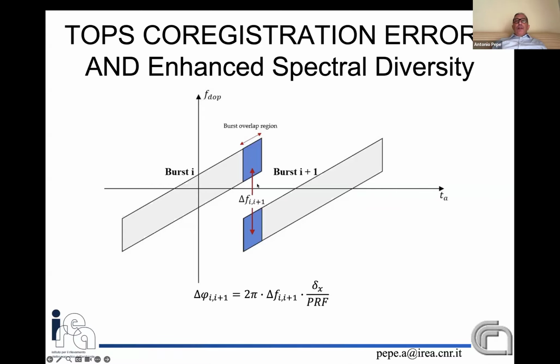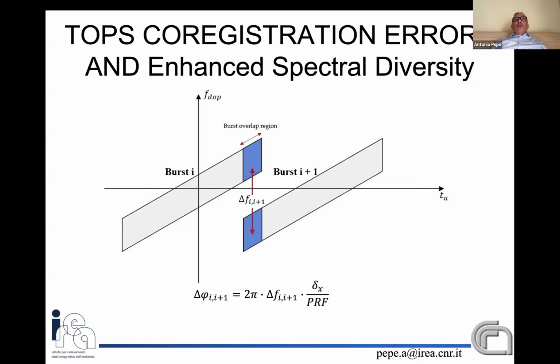Because this Doppler difference is quite large in this area, but only in the burst overlapped region, we can recover the azimuth displacement, so the north-south displacements, with relatively good precision and accuracy.